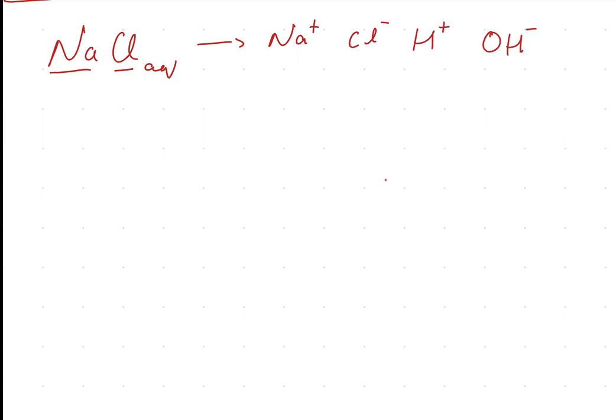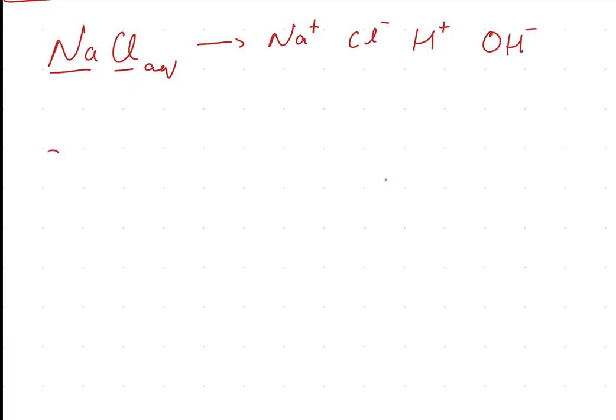First of all, a student should know how to identify which ions are present. For example, here we have an ionic compound in aqueous solution. It contains sodium and chloride ions, but due to the water, keep it in mind, whenever the solution contains water, you have to write two more ions, H positive and OH negative.